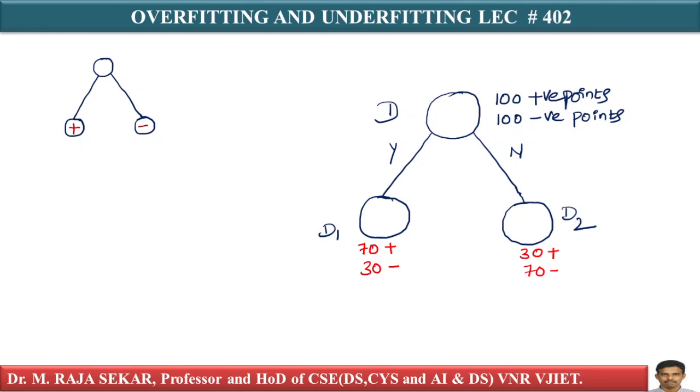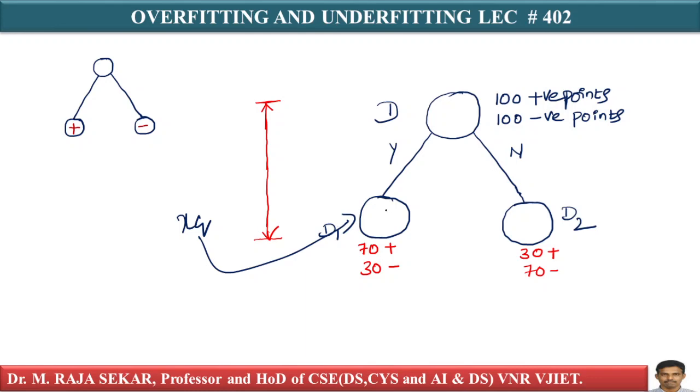Here D1 and D2 are not pure, but suppose we don't want to build a tree deeper than this. Then we just stop; we don't want to continue construction of the decision tree. If a query point xq reaches here, what is the majority?